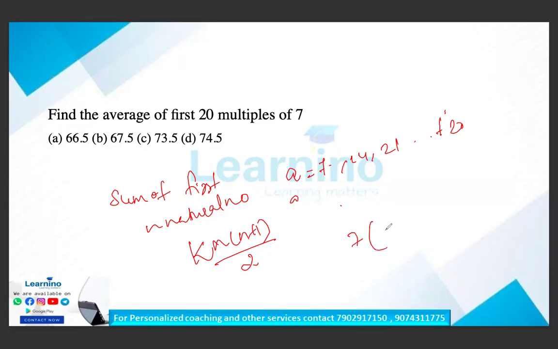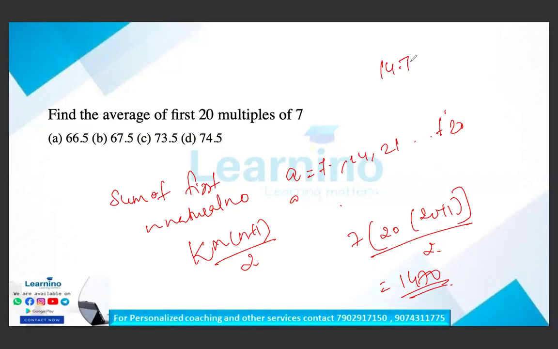So 7 into 20 into 20 plus 1 by 2. It will be 1470. So total number of observations is 20. 1470 by 20, we will get the average of 73.5. Option C will be the answer.